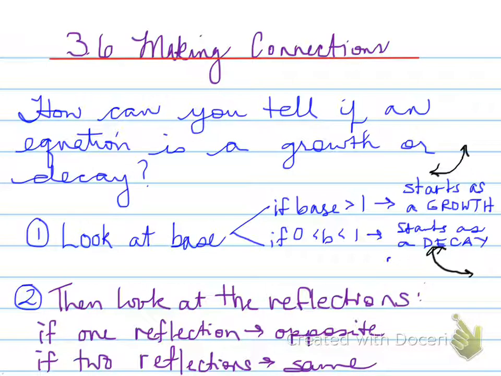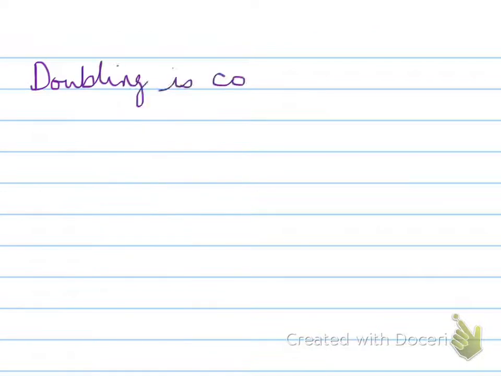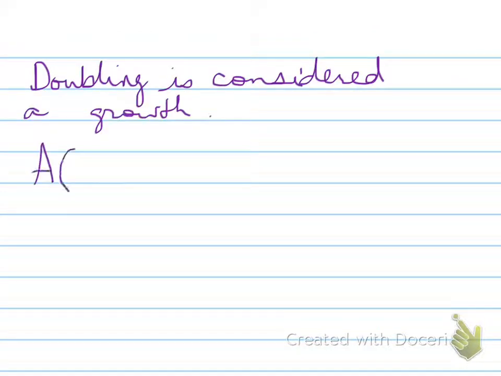And if it was a decay originally from the base, once we reflect it twice, it would end up looking something like this. And that, folks, is also a decay. So again, you have to be able to look at the equation and have an idea what the sketch would look like.